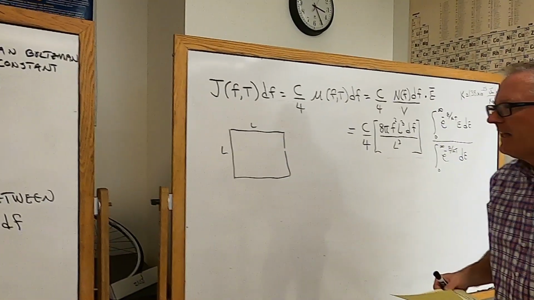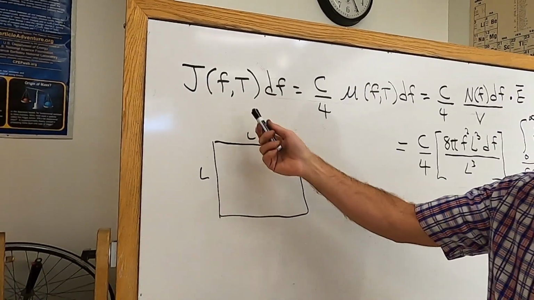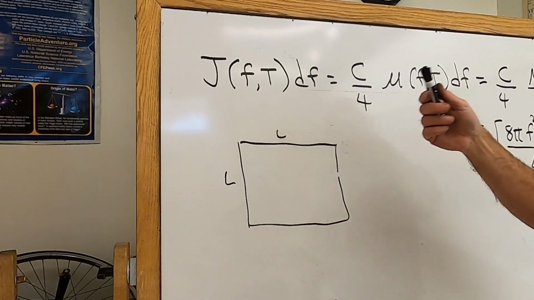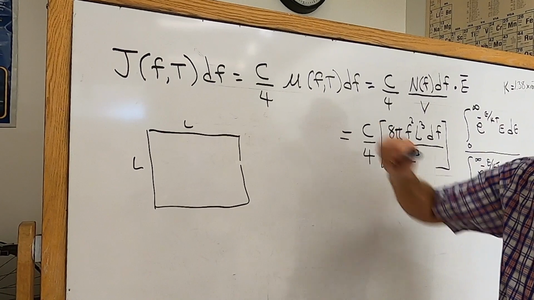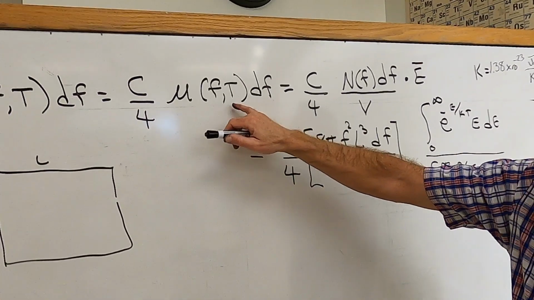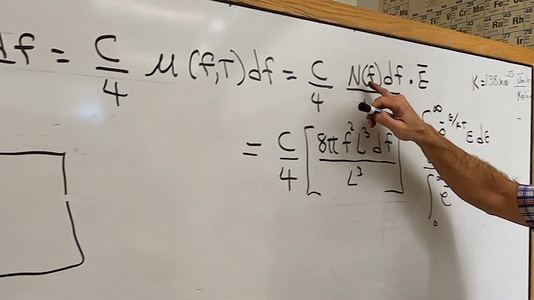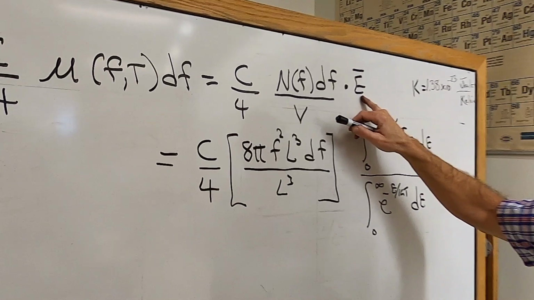So what Rayleigh and Jeans said was, let's assume a cubical metal box, and they converted it to an energy per volume, and they noticed there was a factor of c over 4 you need to put in there. The energy per volume they converted into how many oscillators you have times the average energy.